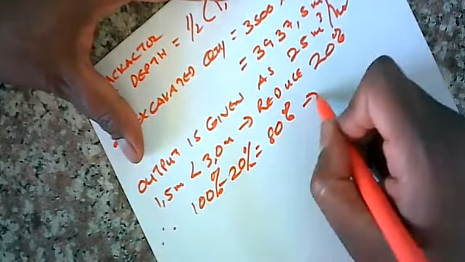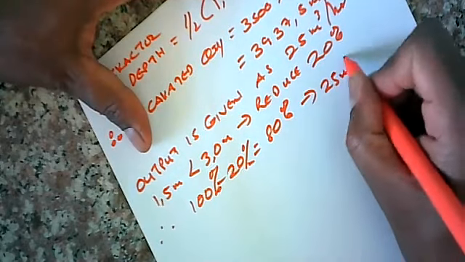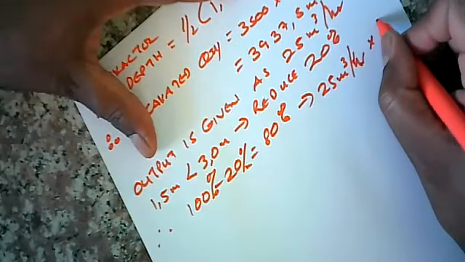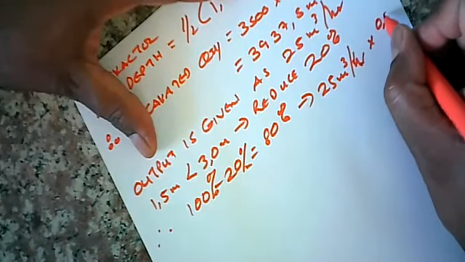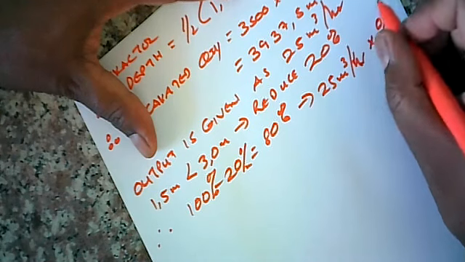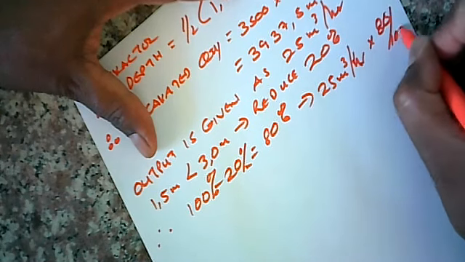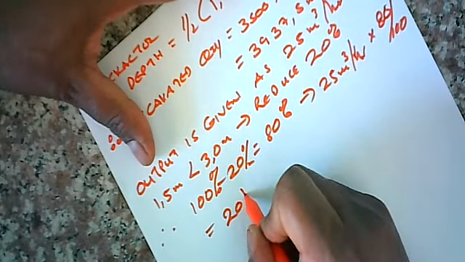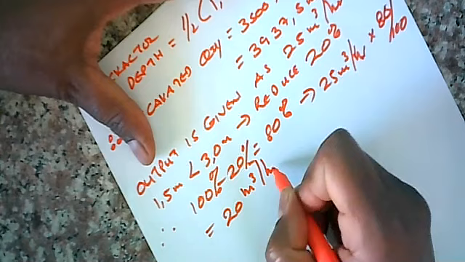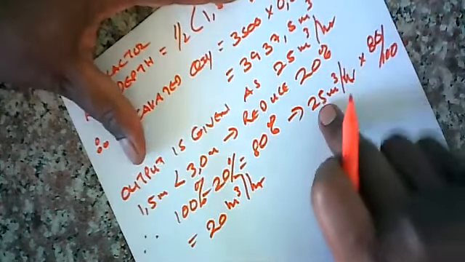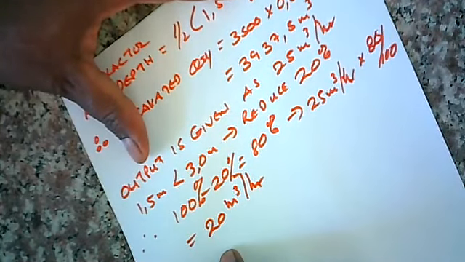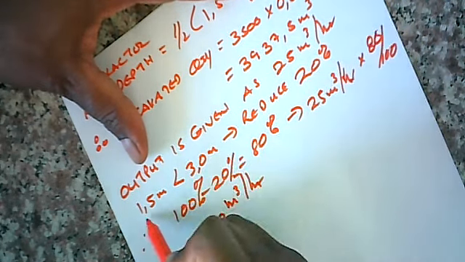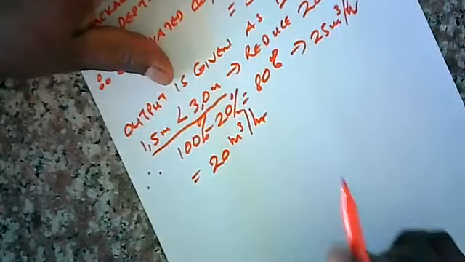And it follows through that 25 meter cube per hour times 80 over 100, and now we're sitting with a capability of 20 meter cube per hour. So it started at 25, but reduced to 20 simply because it's working at a depth now.